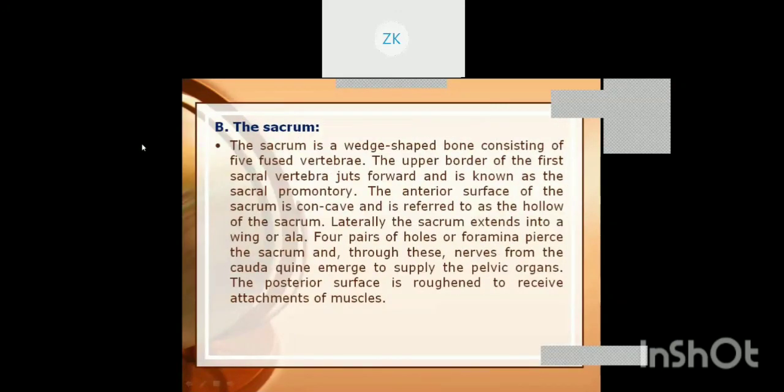So now coming to the sacrum, we have already described the two innominate bones. This sacrum is a wedge-shaped bone, and it includes 5 fused vertebrae.